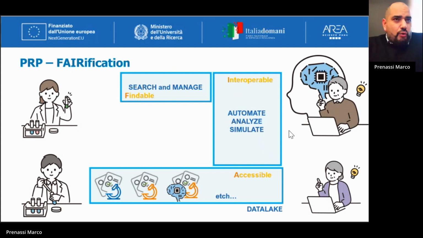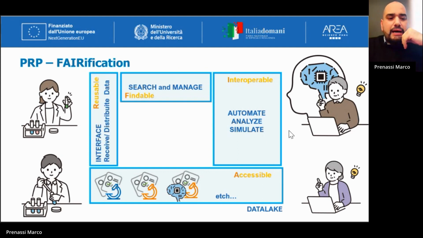Then, of course, we have to make it interoperable with our system of simulation, automatization, and analysis that is the Orfeo data center, so the supercomputer capabilities, and lastly, the interface to put the data inside and to retrieve the data.